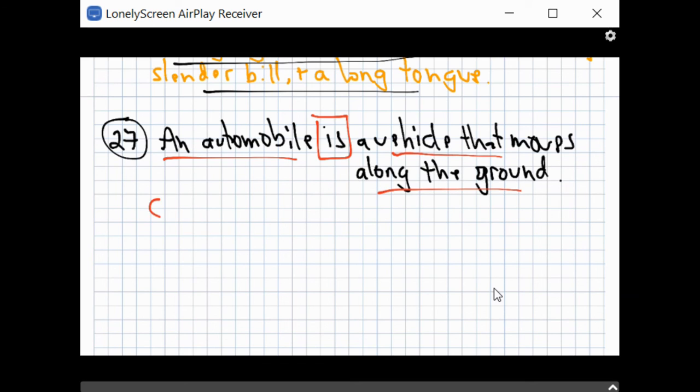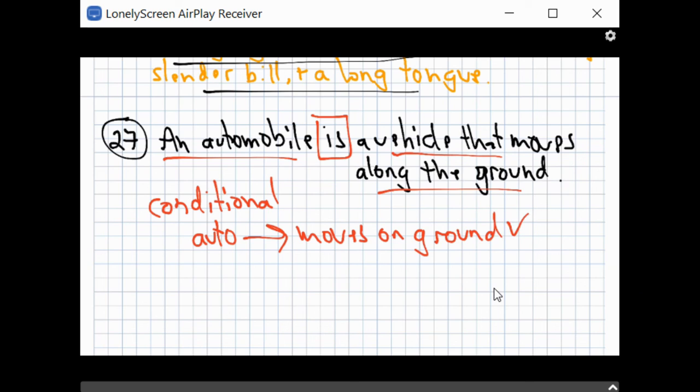So the conditional, automobile moves on ground, that's okay. Check. But the converse of that, where moves on the ground has to be an automobile, that's no good.